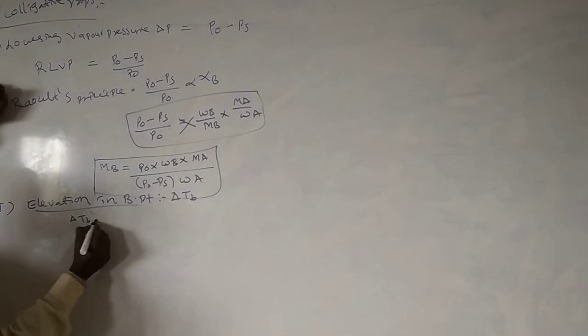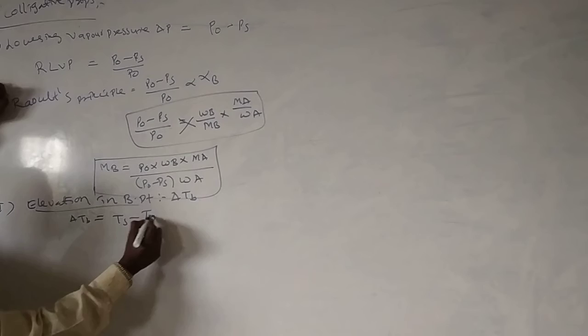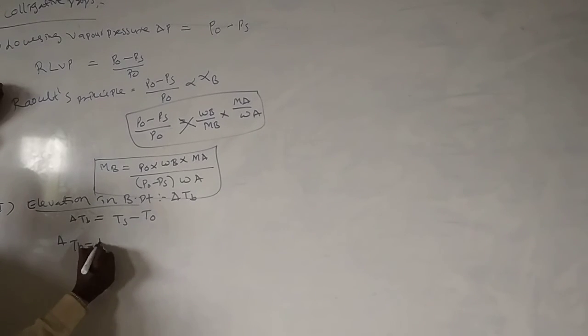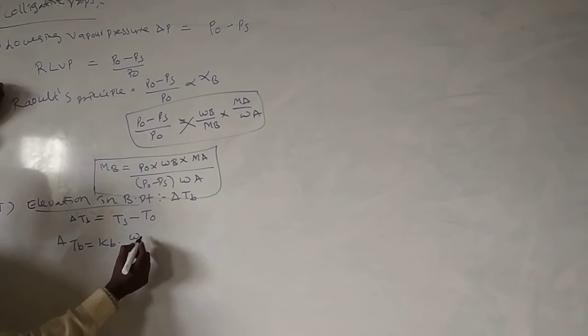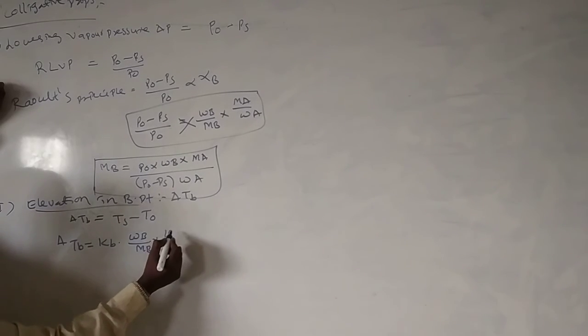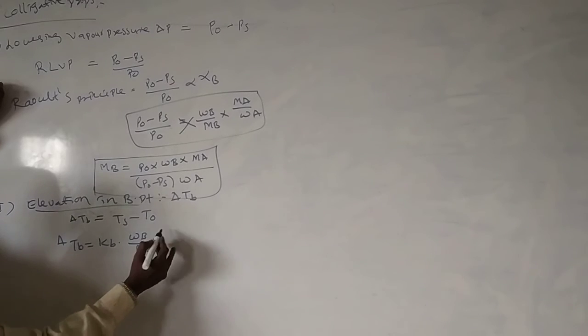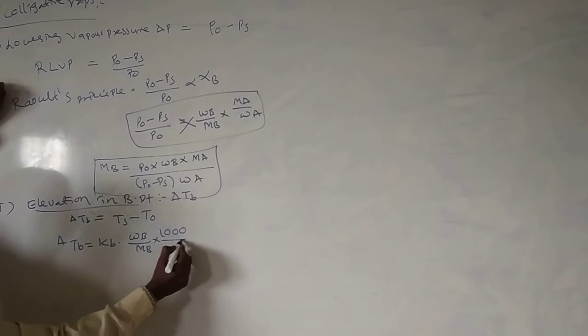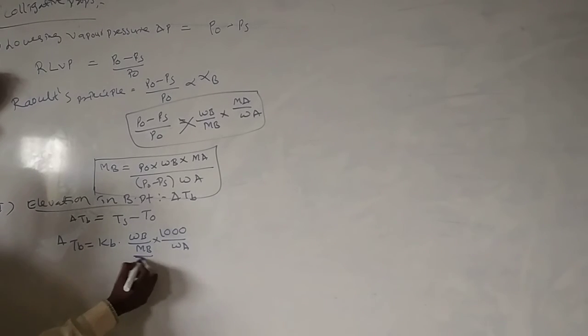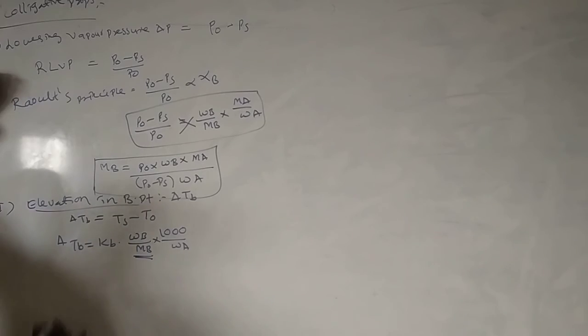Delta TB is equal to TS minus T0. Delta TB is equal to KB into WB by MB into 1000 by WA. Use it like that only. Next, calculate MB.